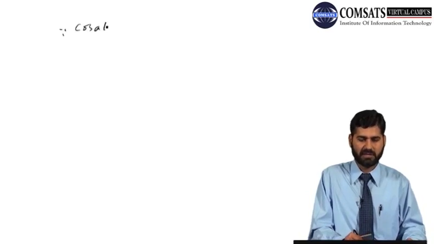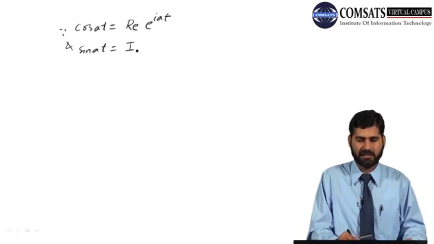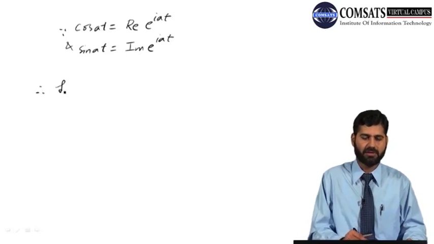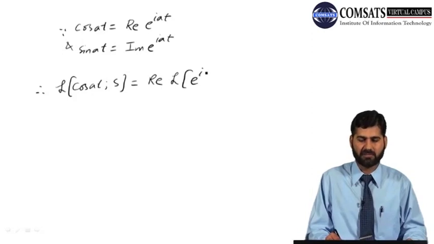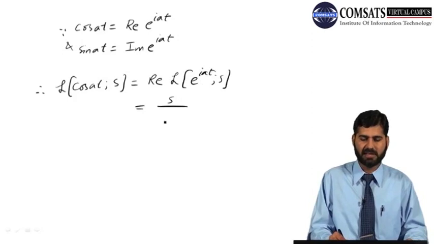Since cosine at is the real part of e to the iota at and sine at is the imaginary part of e to the iota at, Laplace transform of cosine at s will be the real part of Laplace transform of e to the iota at s, and we just saw that this is s over s square plus a square.